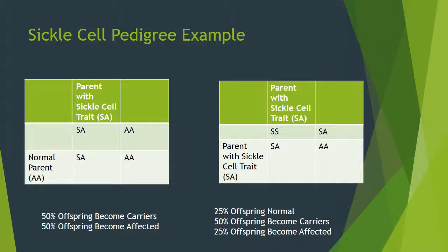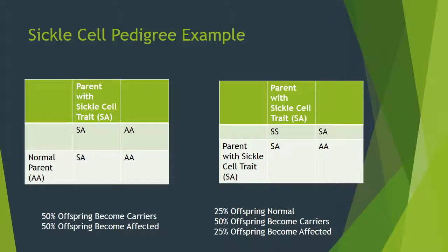Here are Punnett squares to show different sickle cell pedigrees. The one on the left has one parent who is normal and the other parent has the sickle cell trait. So 50% of the offspring would have the sickle cell trait, and the other 50% would be normal.